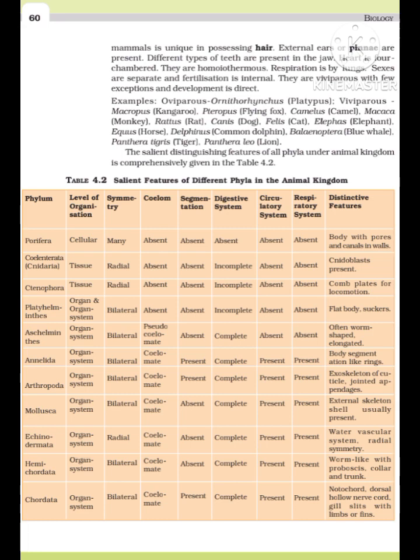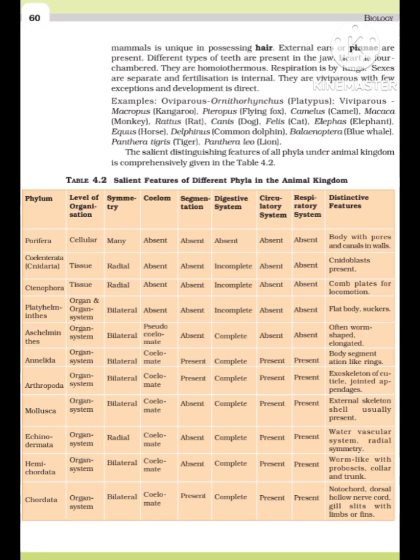Table 4.2 Salient features of different phyla in the Animal Kingdom: circulatory system, respiratory system, distinctive features. Body with pores and canals in walls; cnidoblasts present; comb plates for locomotion; flat body, suckers; pseudocoelomate; bilateral symmetry; radial symmetry; coelom; digestive system; organ system.